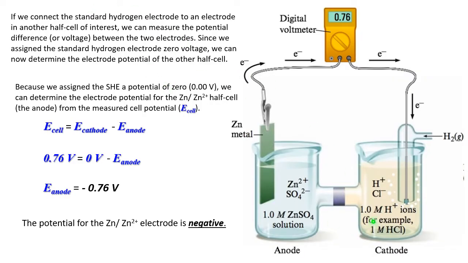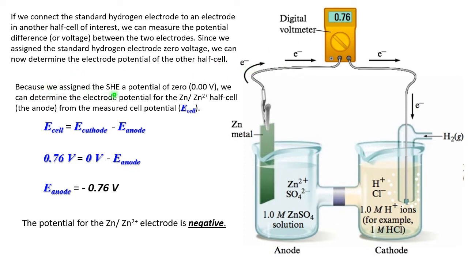Now, if we take this standard electrode and connect it to electrode of another half cell of interest, in this case zinc sulfate, we can measure potential difference or voltage between two electrodes. Since we assign standard hydrogen electrode 0 potential, we can now determine electrode potential of other half cell.